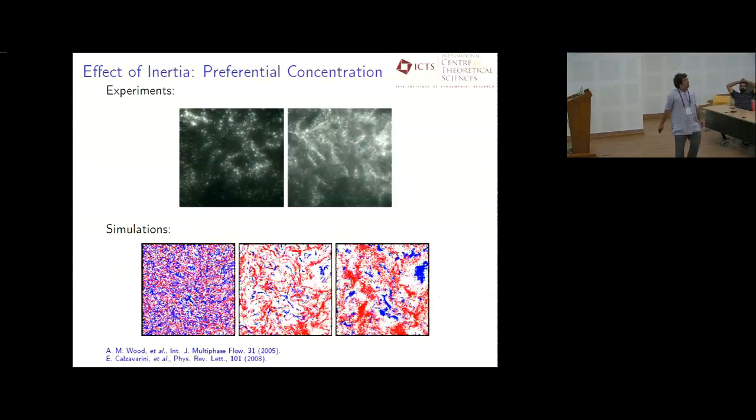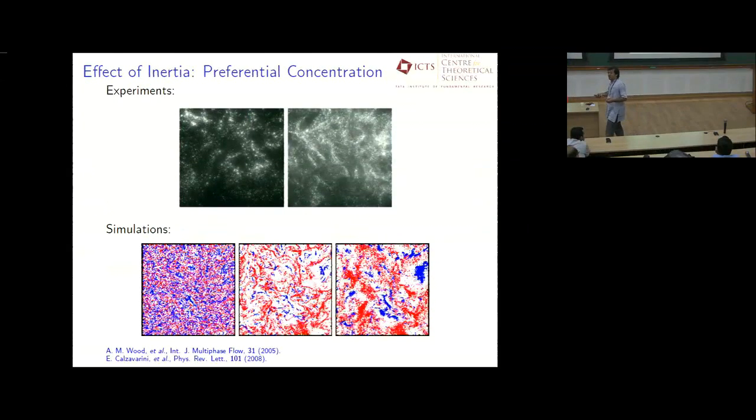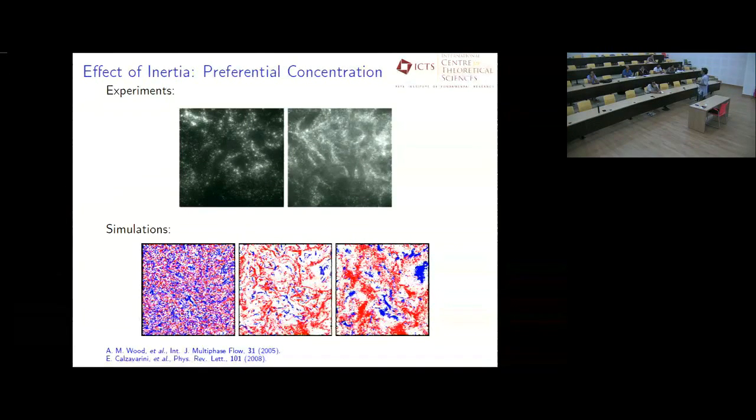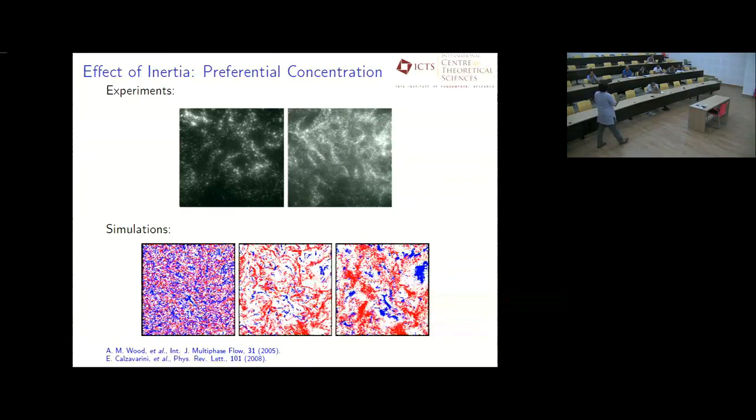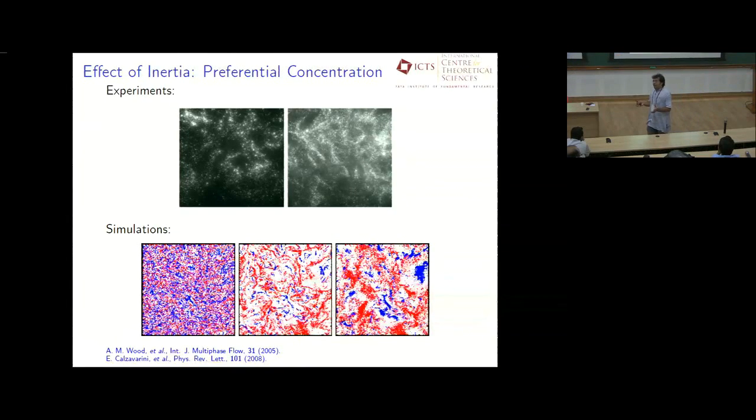In general, whenever you have particles which are not exactly tracers, but which are different from tracers, for example water droplets in air, which is often the setting in a warm cloud, what you end up having, and these are results from experiments and simulations, is an inhomogeneous distribution of particles in your system.